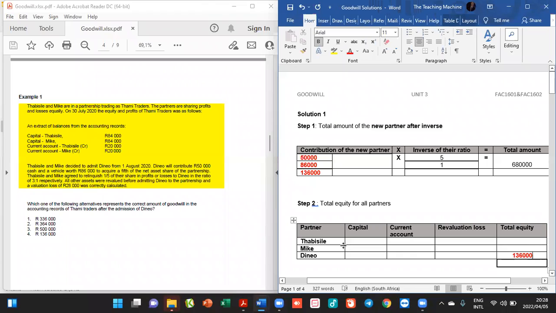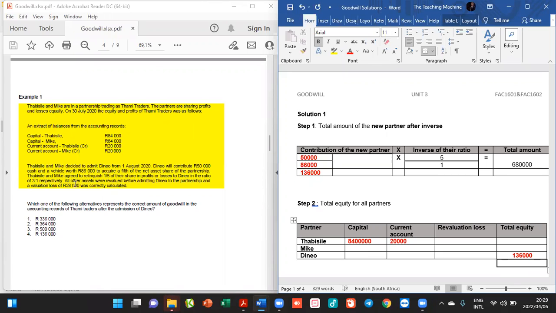Now for Tapsile, you have capital of 84,000. You have the current account of 20,000. And we have a revaluation loss that needs to be shared amongst the partners. And if you look at the information, it says the partners are sharing profits and losses equally.